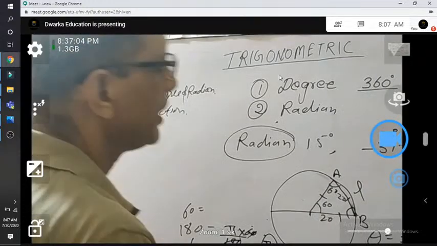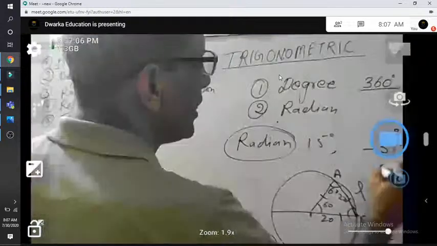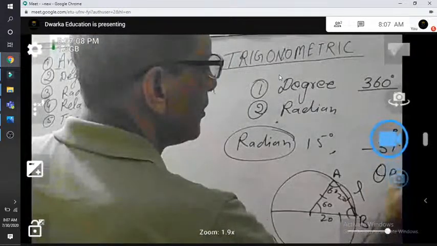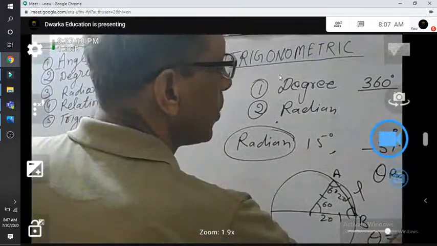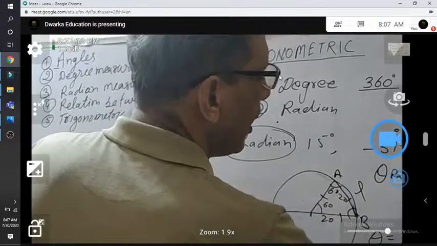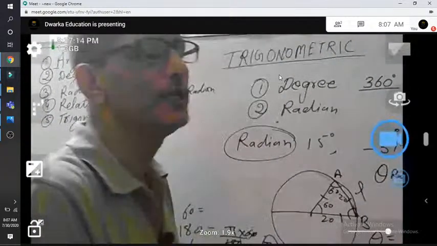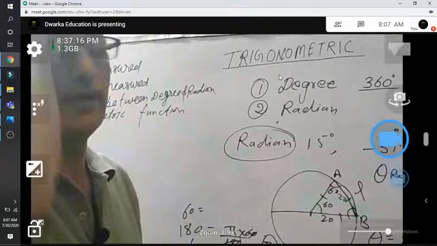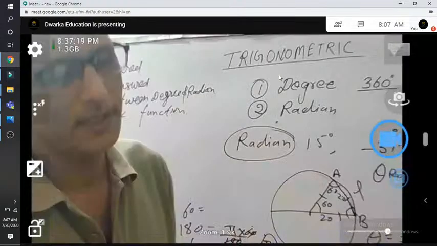There is this formula that theta radian is equal to L by R. L is the length of the arc and R is the radius of the circle.